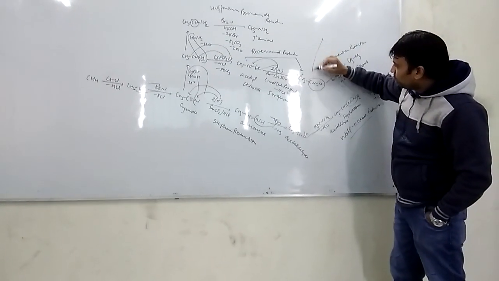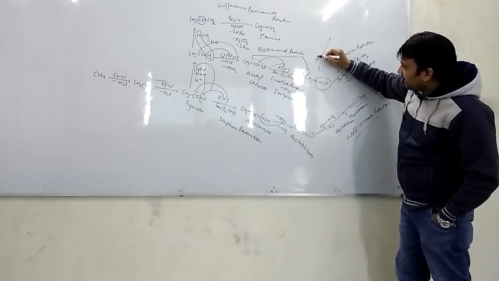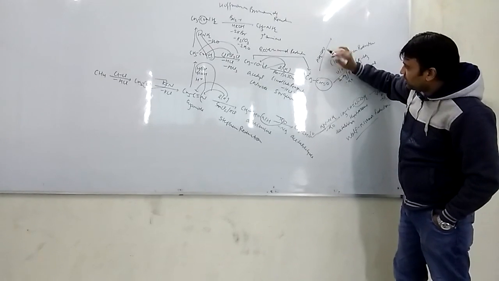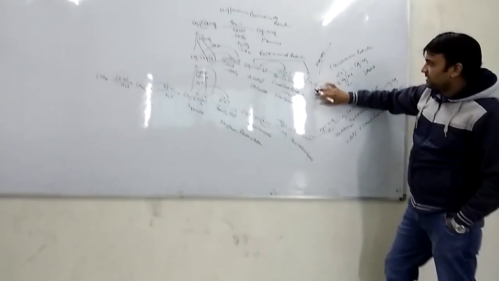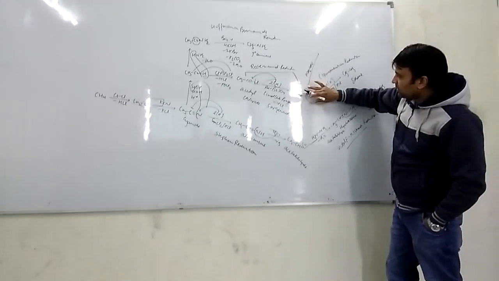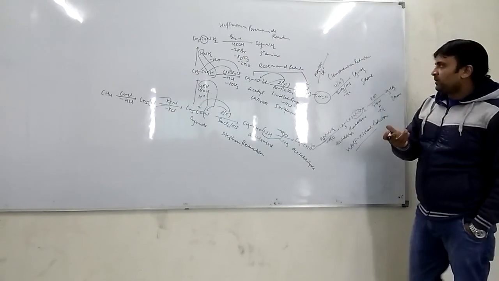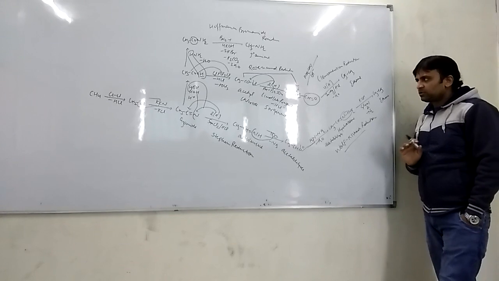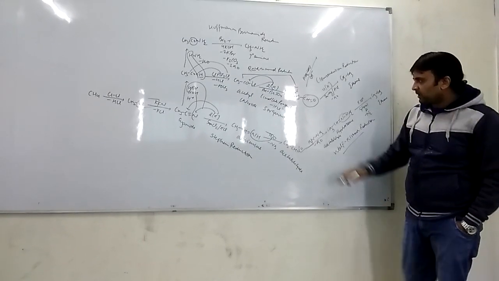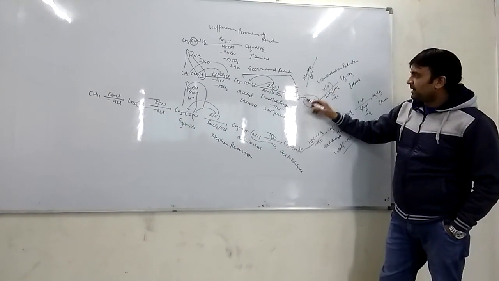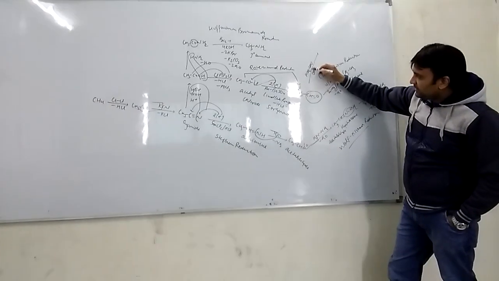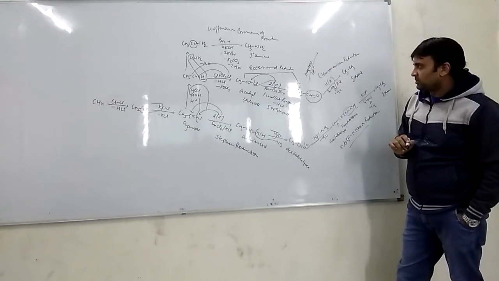Suppose we react one molecule of aldehyde with another molecule of aldehyde. You can see this is acetaldehyde. These two compounds react with each other in presence of any alkali. You can take KOH, NaOH, whatever you want. This is one molecule of aldehyde, this is another molecule of aldehyde, with the presence of alpha hydrogen atom.